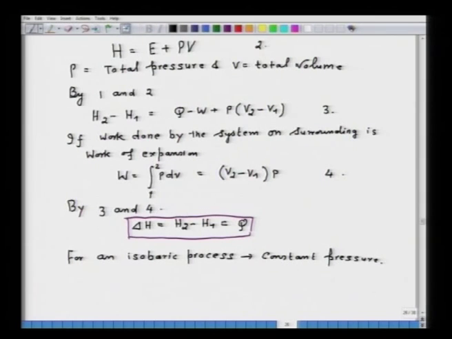Delta H is equal to Q, where Q is the heat absorbed, and heat absorbed by the system can be related to the change in enthalpy or the heat content, and enthalpy is also a state property of the system.